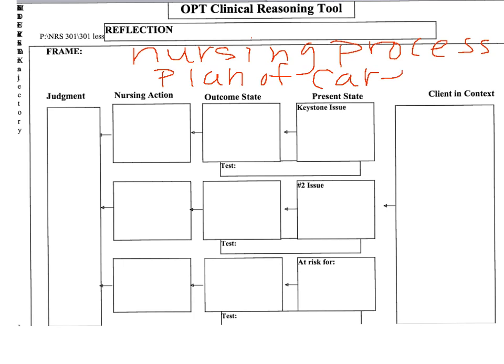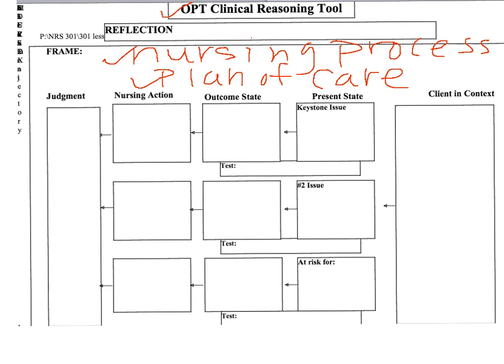So all three of these words, OPT, nursing process, and plan of care, they end up in the same product. In other words, they end up in developing nursing diagnoses and outcome statements derived from your patient assessment data to help you move the patient toward a better state of wellness.